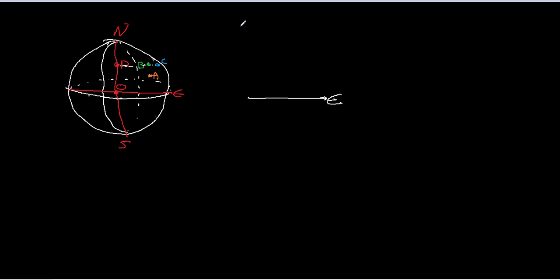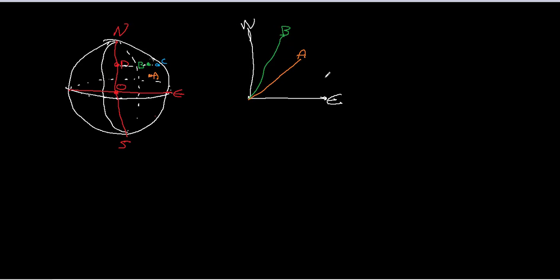We have the point N, where the line that cuts through the center of the Earth hits the Earth's surface in the north direction, so this would be the North Pole. Then we have the point B with some angle, and the point A with some angle.